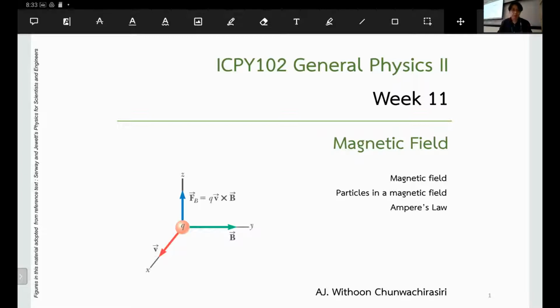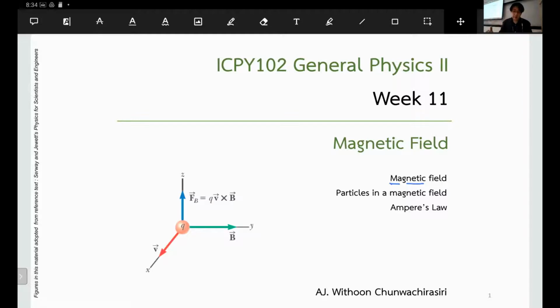What we are about to do will be pretty much equivalent to the electric field, but here we call it magnetic. That's another kind of natural force that we have to deal with. We already had the charge, and we know that every time you have charges, around them there will be an electric field coming out in the case of a positive charge, and going towards it if it's a negative charge.